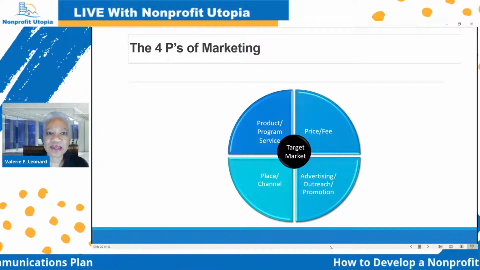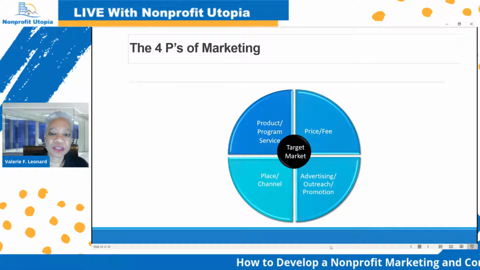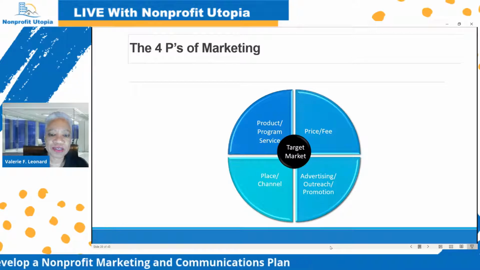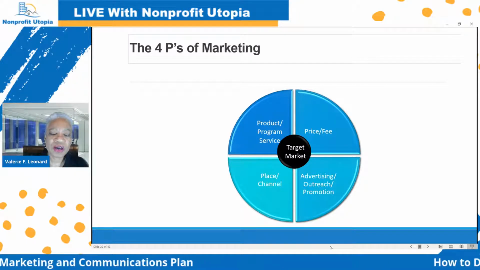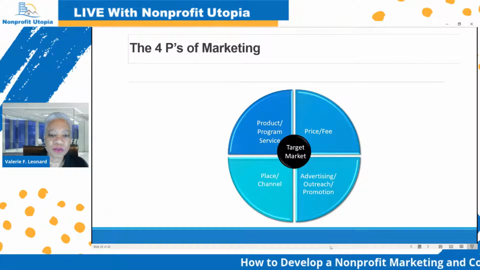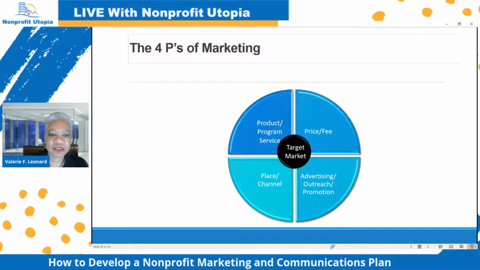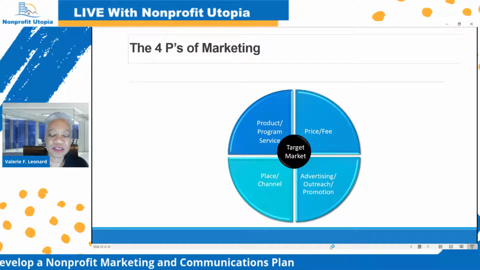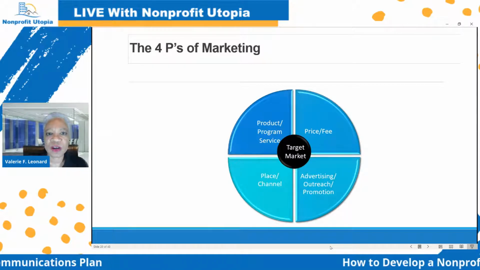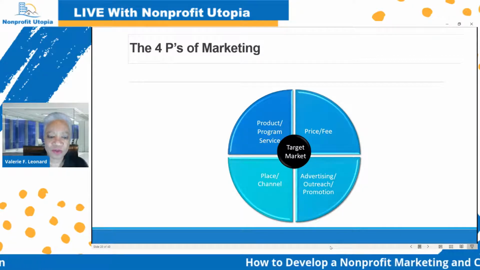The next P is the price. And you may or may not be charging a price for your program services. You might be doing it on a sliding scale. But you also have to remember, when you're doing your proposals, your funder or your prospective funder is going to get a sense for what your overall cost is, right? Your cost for providing the service.